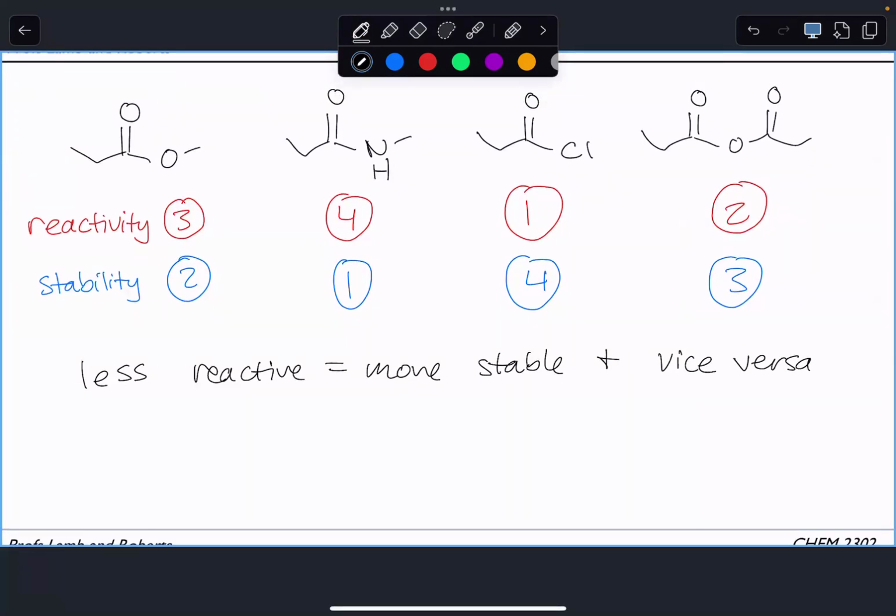Okay? Questions on that? Seems like most people are getting it, which is great. So in addition to knowing about just straight up reactivity, rank them, stability, rank them, this also has implications on what can be interconverted into what.